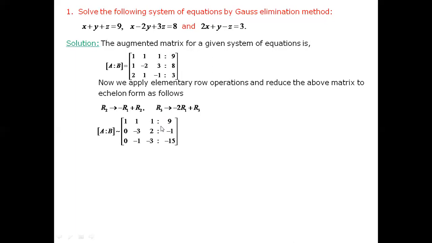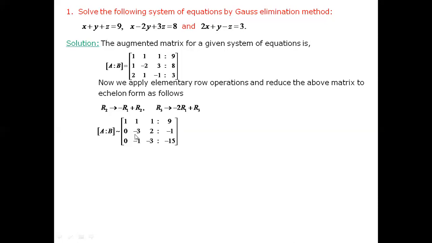Now the next step is the second stage in echelon form. In the second stage, we will concentrate on the second row, and the leading entry of the second row is the second element, that is this minus 3, which is non-zero here.